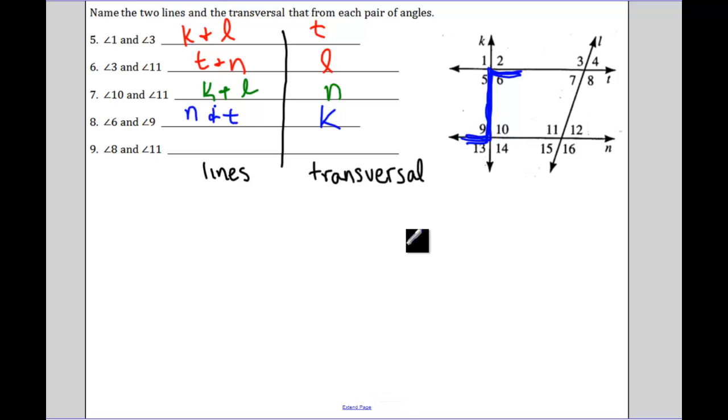Lastly, 8 and 11. Let me erase. 8. Okay, so angle 8 is there. 11 is there. That angle and that angle, I've traced over L twice, so that's my transversal. The other 2 lines that make up our angles are T and N.